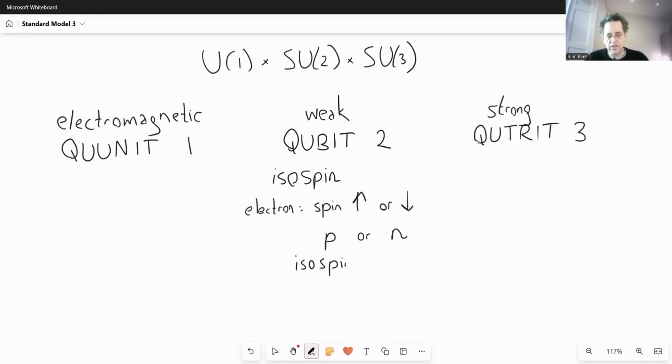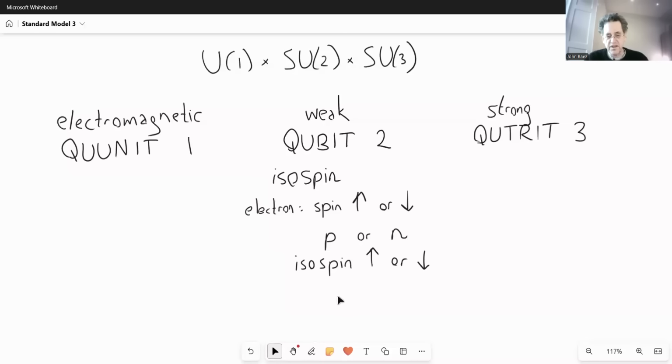So what is isospin? Well, it's a mysterious thing, but the proton and the neutron differ by one of them having isospin up and the other having isospin down. We're going to talk about that a lot more.